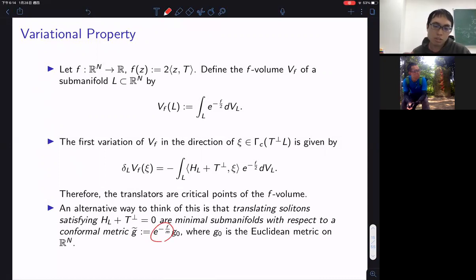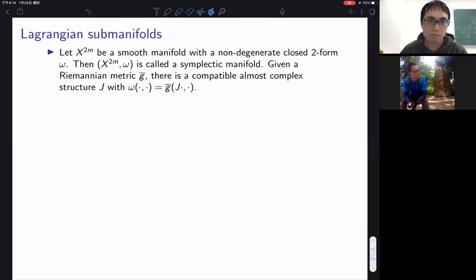So you can also study translators using minimal submanifold theory.